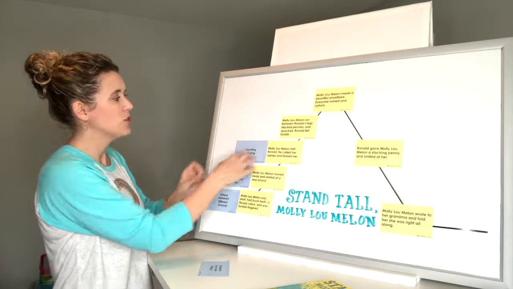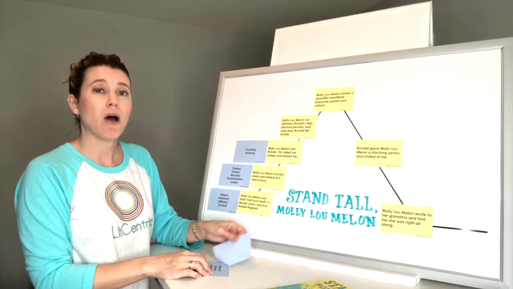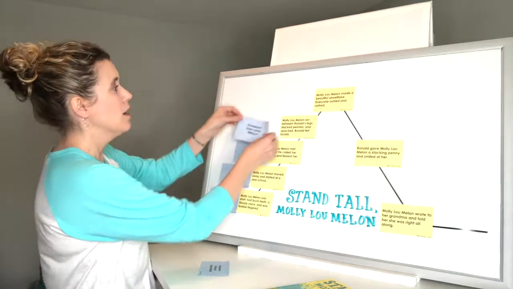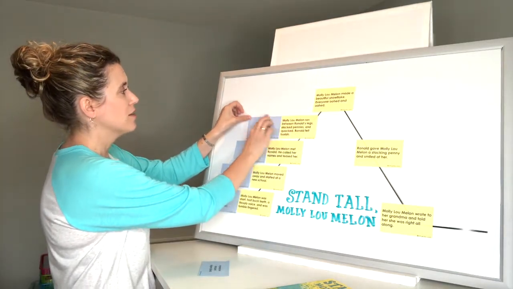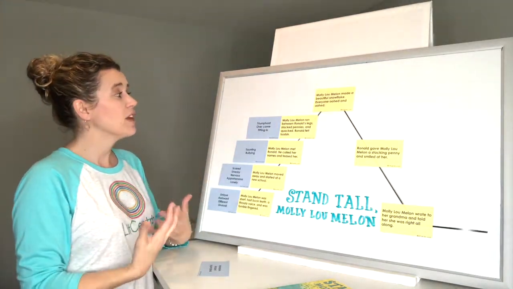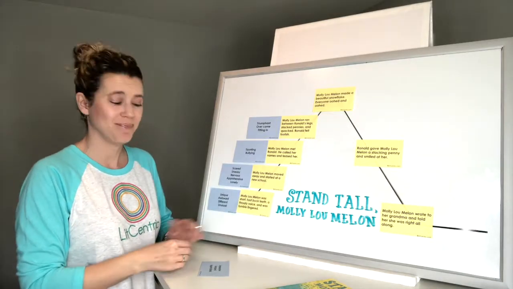Molly Lou met Ronald and he teased her. This is an example of taunting and bullying that happens in this story. It's not really about Ronald, it's about the experience and how terrible that feels. Here's Molly's response. She runs between his legs, stacks those pennies. She's triumphant. She overcame these situations, and she's starting to fit in, okay?